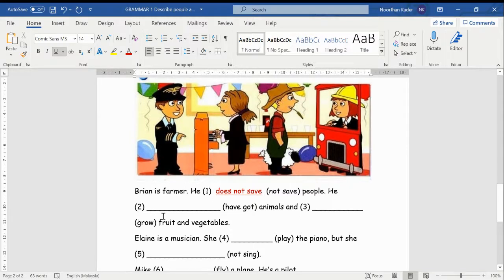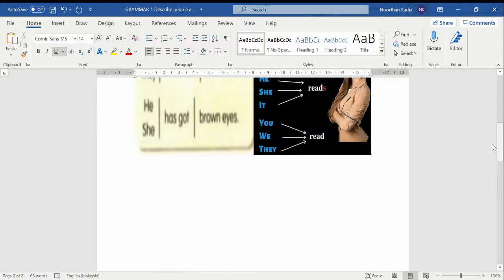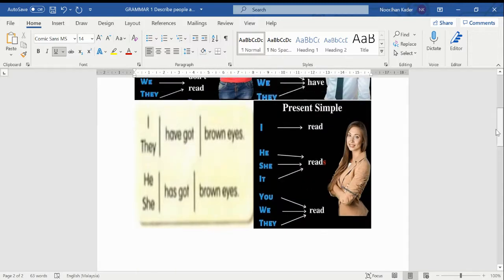He dash, have got animals and dash grow fruit and vegetables. Okay. He. So let's look at the possessive pronoun. This one, have got. He. So he must be has got, not have got.